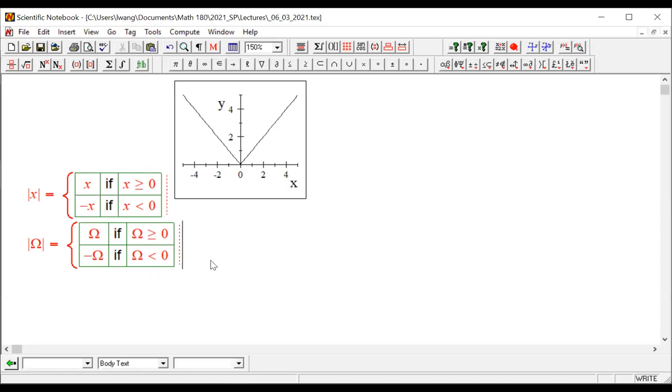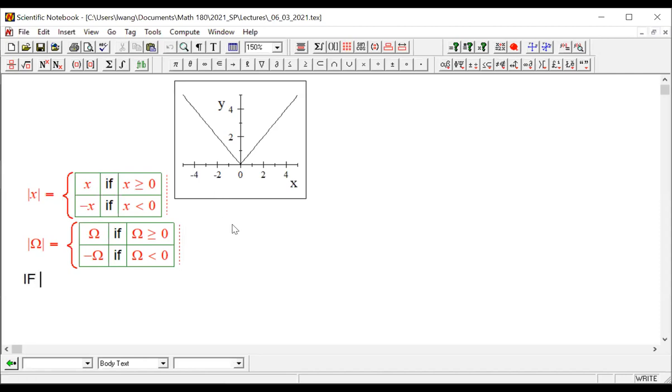The omega itself could be more complicated, and we turn it into piecewise functions, turning these complicated situations into pieces, and adjusting the domains according to the functions, and so on and so forth. So those are the exercises that we worked with. Now these are all about just statements.